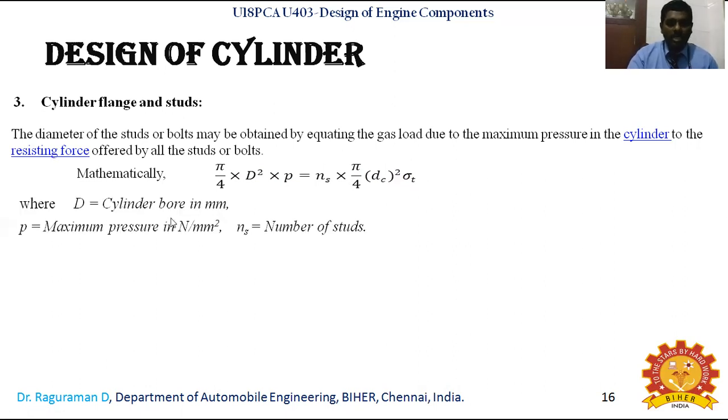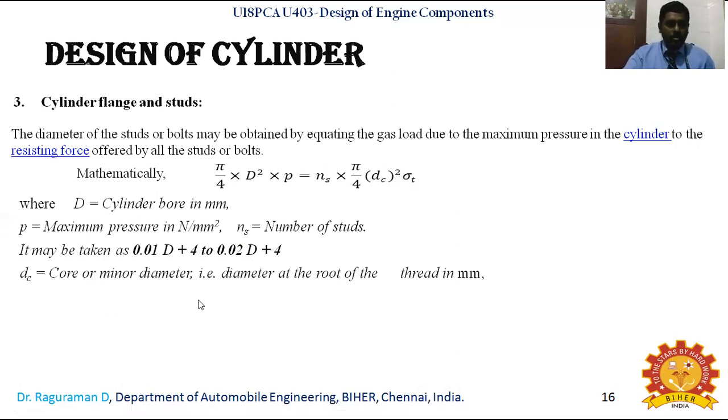Capital D is the cylinder bore in mm, p is the maximum pressure, and Ns is the number of studs used. The number of studs can be taken from 0.01D plus 4 to 0.02D plus 4.